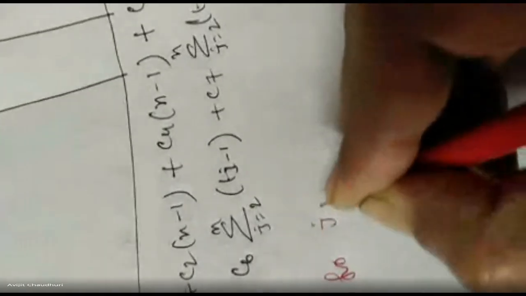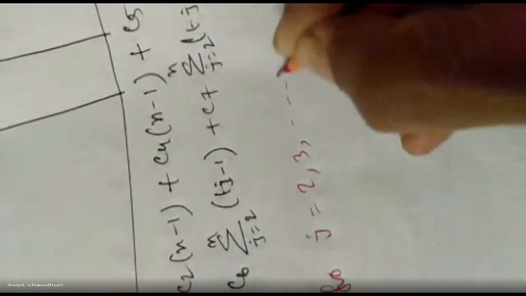Tj is equal to 1 for j is equal to 2, 3, etc. up to n.